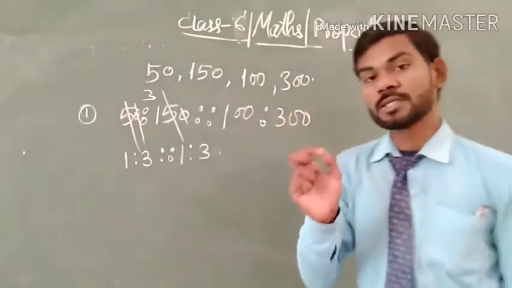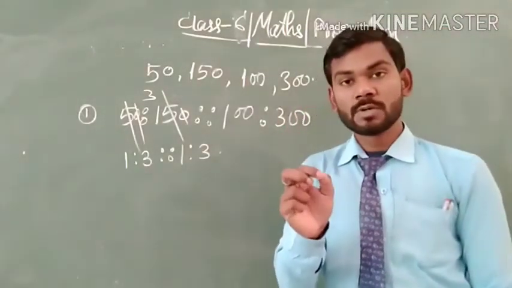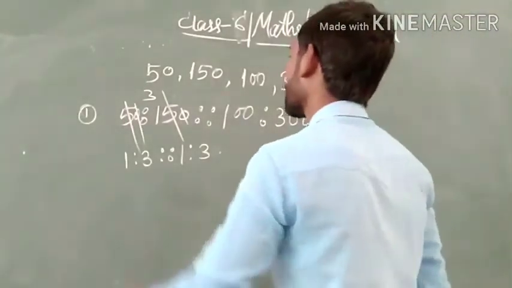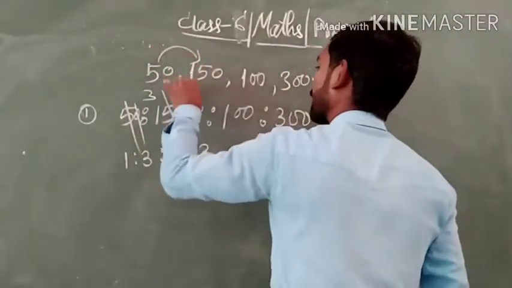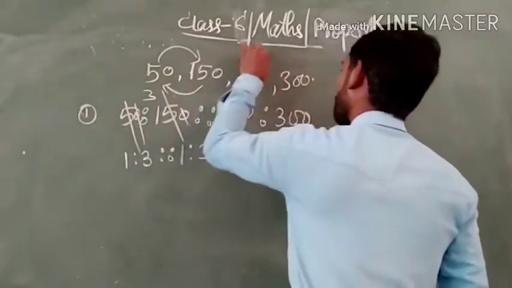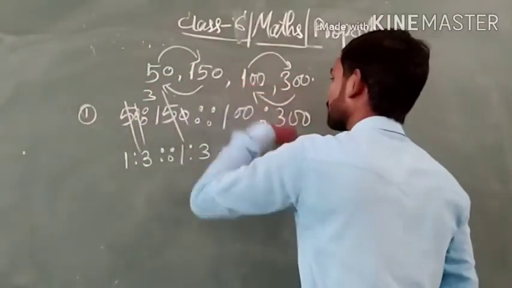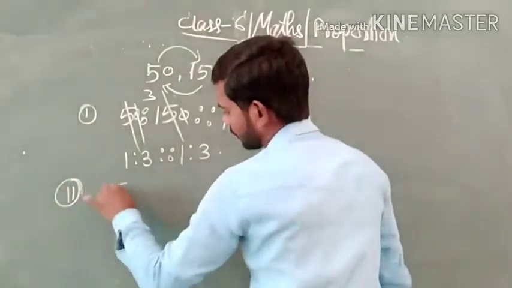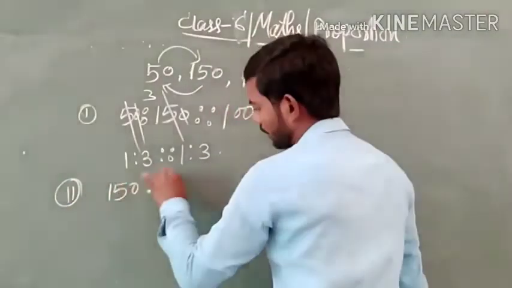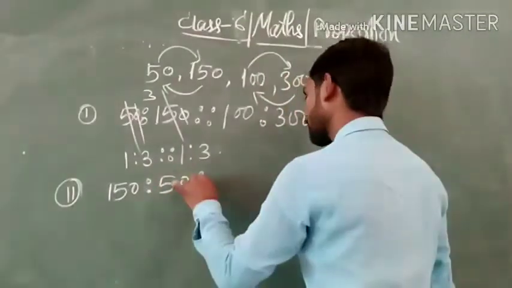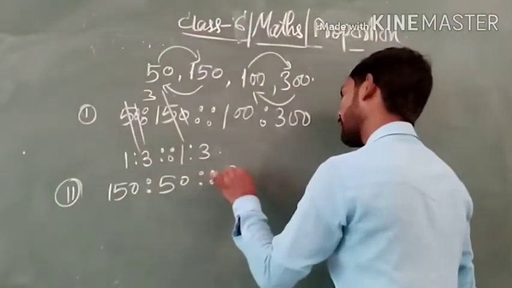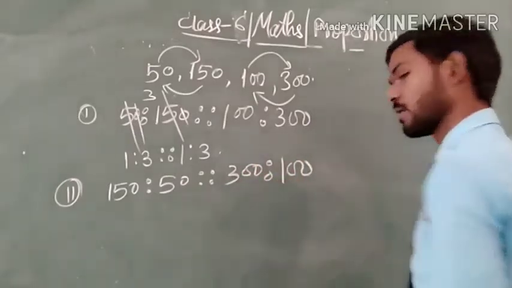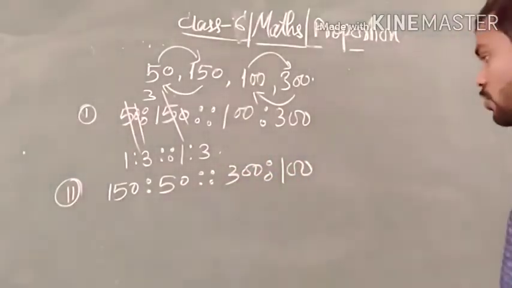Now let us change some terms. Let us see what we shall do. If we change the first and second place, and similarly the third and fourth place, we shall get the second case, that is 150 ratio 50, which is proportional to 300 ratio 100. Okay, now let us solve.